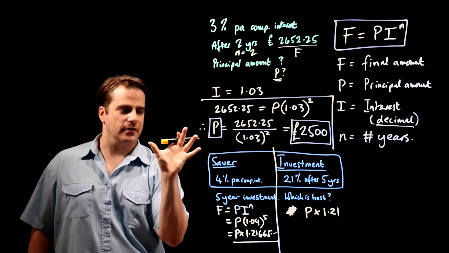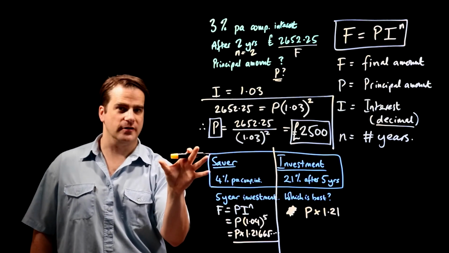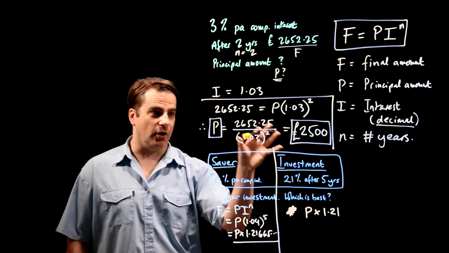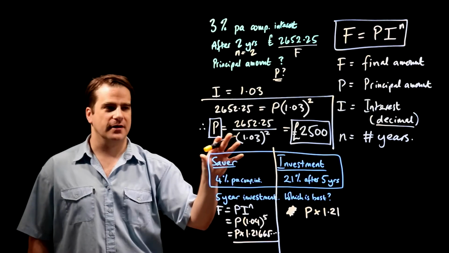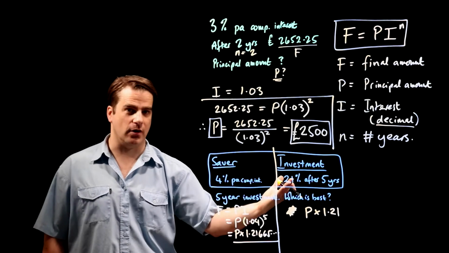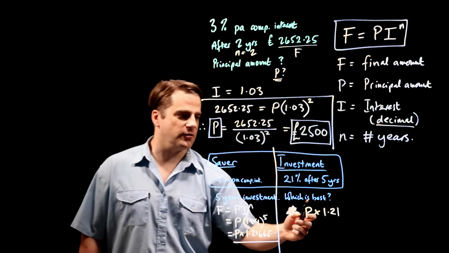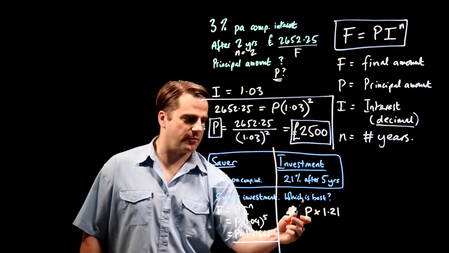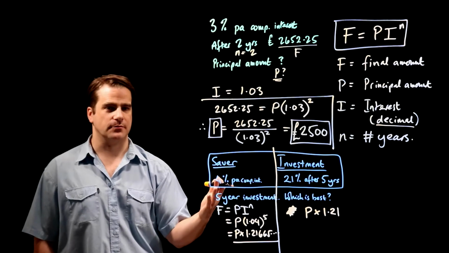So you've got one lot of the principal amount plus 0.21 lots of the principal amount. So that's a total of 1.21. So to work out the final amount you're left with, you multiply the principal amount by 1.21.